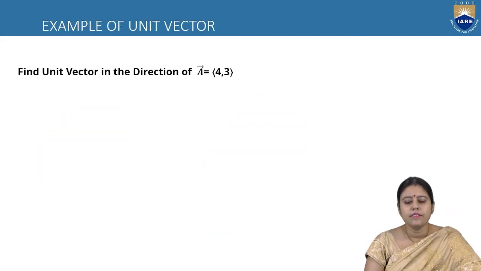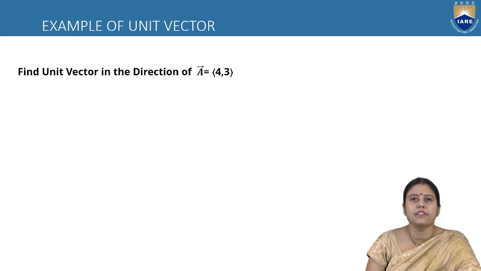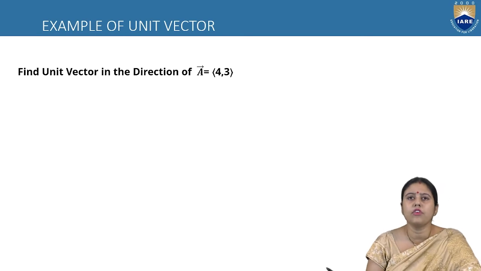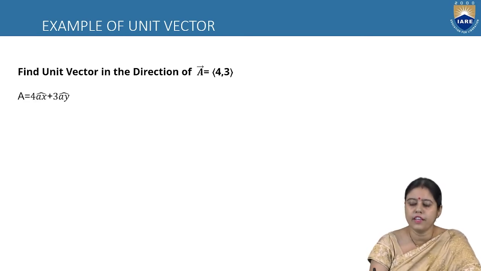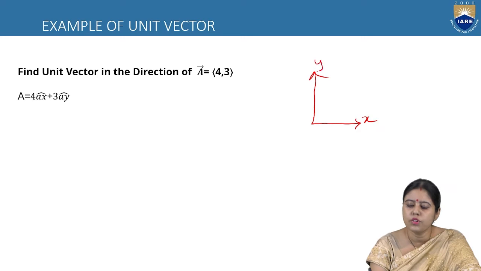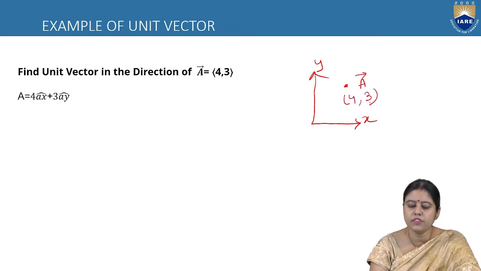Let's do some examples. Find the unit vector in the direction of A(4, 3). The point A is in two dimensions. This is the point A, and its location is 4, 3.